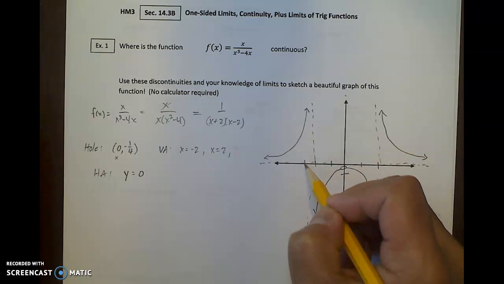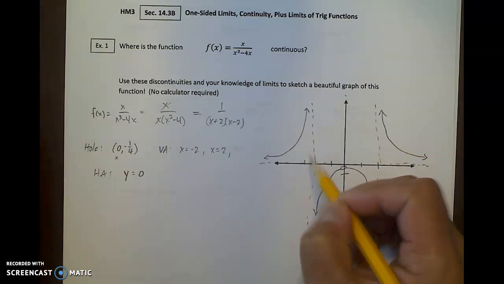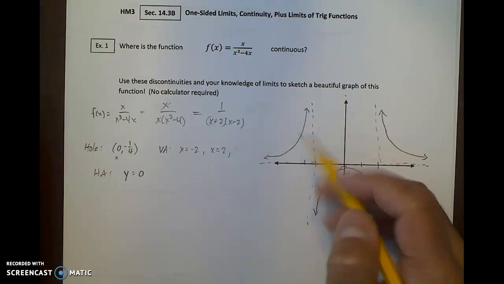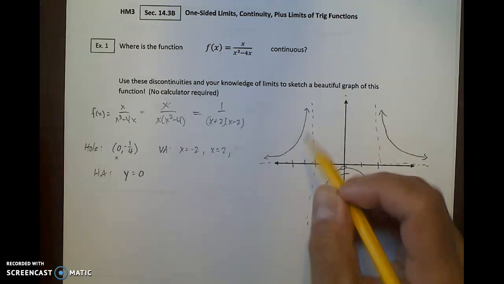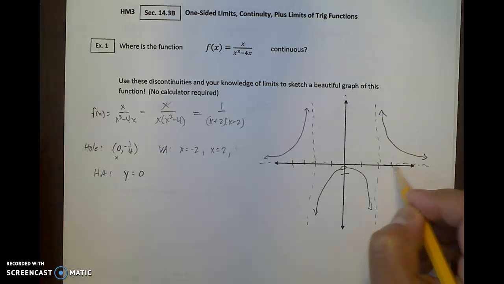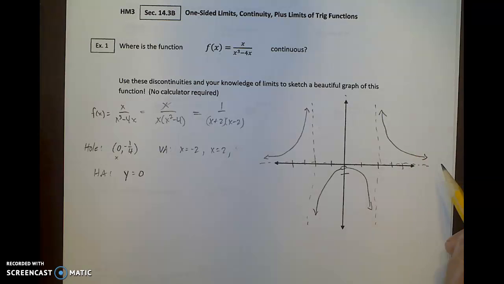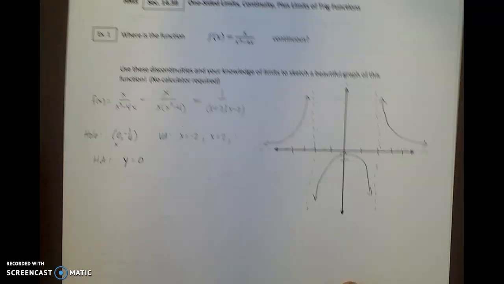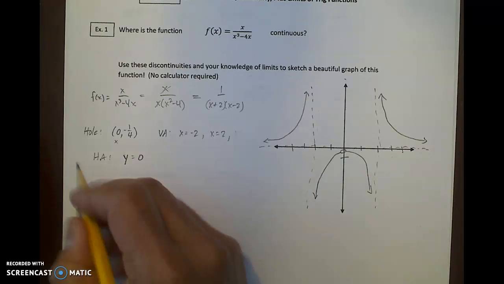For example, you plug in negative 3 for x in the original function and find a value. Plug negative 4 in for x, find output values. And same thing over here. When you find certain values, you can tell what's happening with the graph. Okay, so now let's take a look at this function.